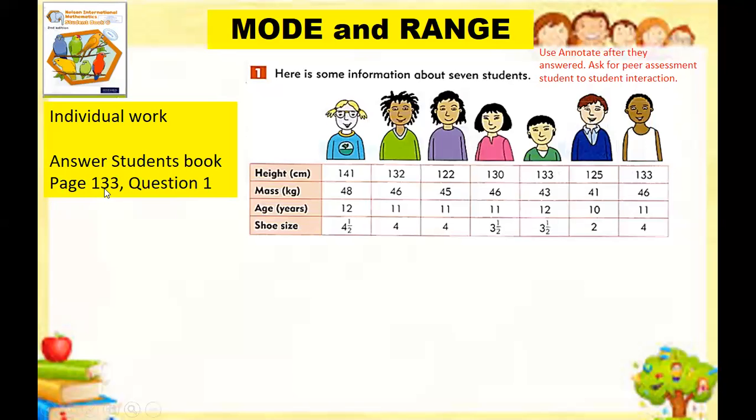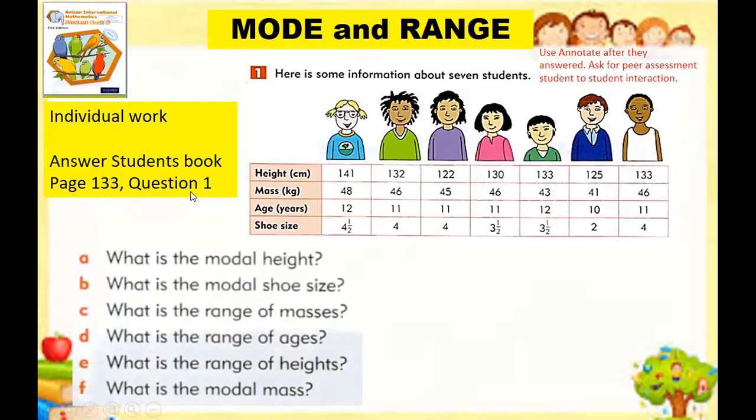Okay, I want you to answer from your student book, page 133, question 1. You're going to find the modal height, modal shoe size, range of masses, range of ages, and what is the modal class.